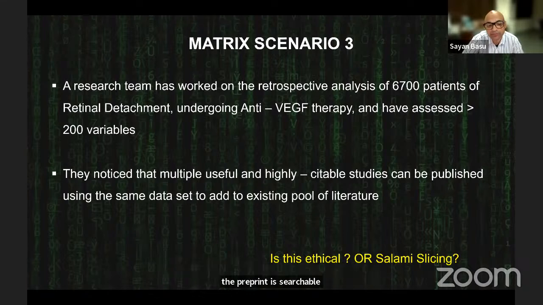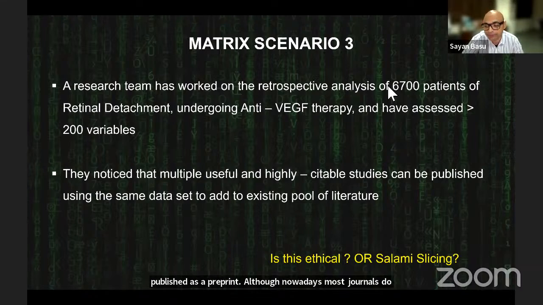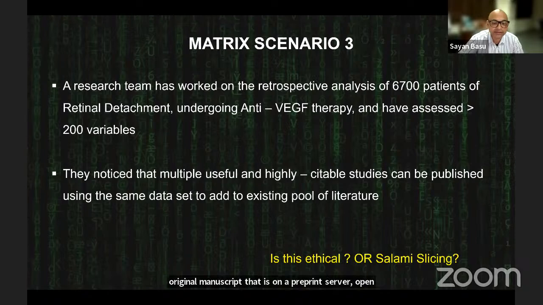The only problem with the preprint is that not all journals will entertain manuscripts which have already been published as a preprint, although nowadays most journals do accept, as long as you disclose it and share the link. The preprint is basically your original manuscript on a preprint server, open access, available to everybody to see. So that is a date stamp and your stake to the claim.